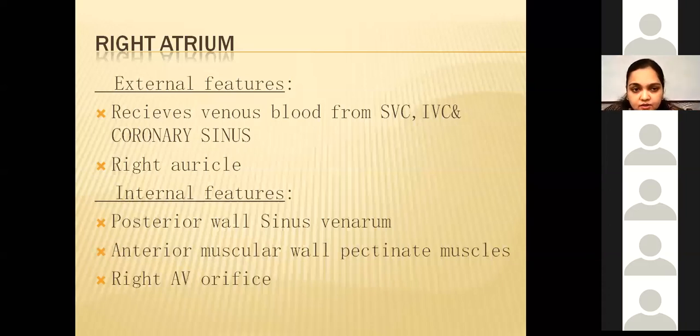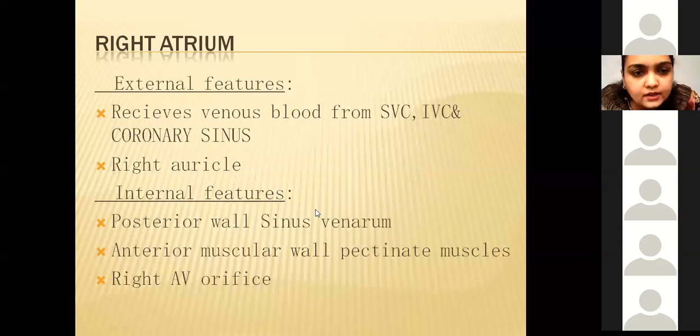These are external features, we can easily visualize them externally as well. That is called the right auricle. The right auricle is an extra add-on space present in the right atrium. So in external features we have the right auricle, and the openings of the superior vena cava, inferior vena cava, and the coronary sinus. Now come to the internal features.